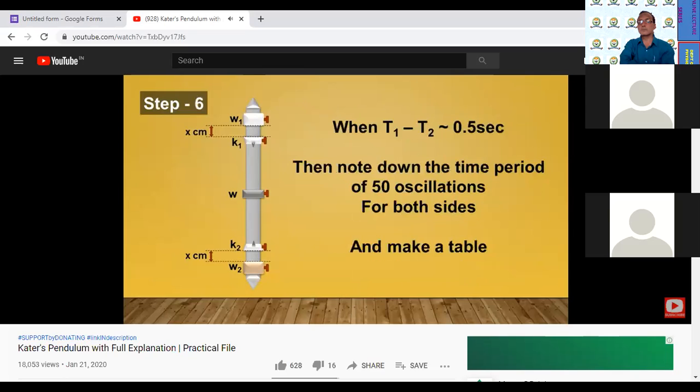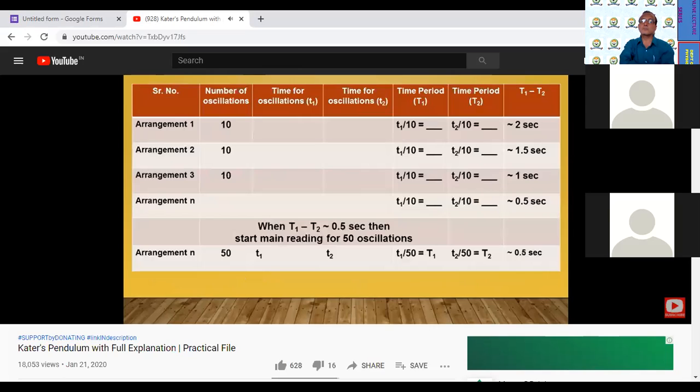Now, when you have achieved the arrangement in which the time difference is half a second, you can note down the time for 50 oscillations for both sides and then make a table. Let us take an example in this observation table.